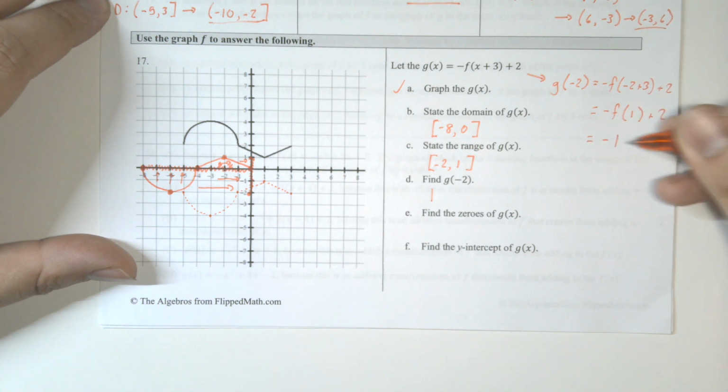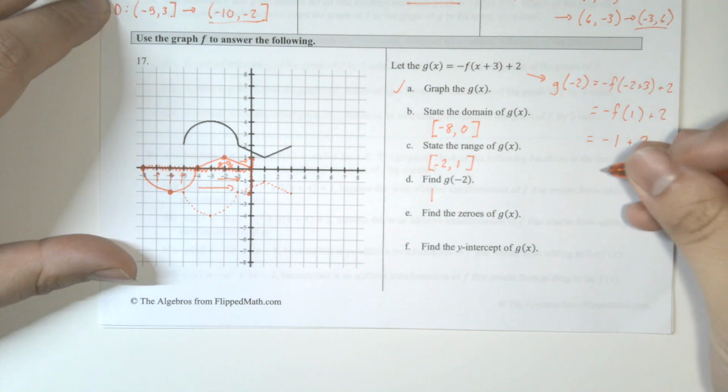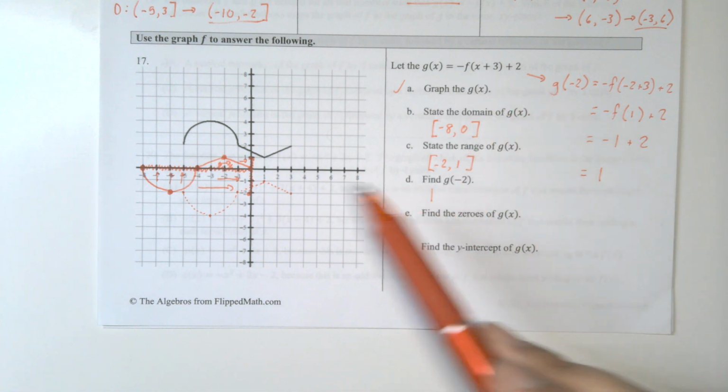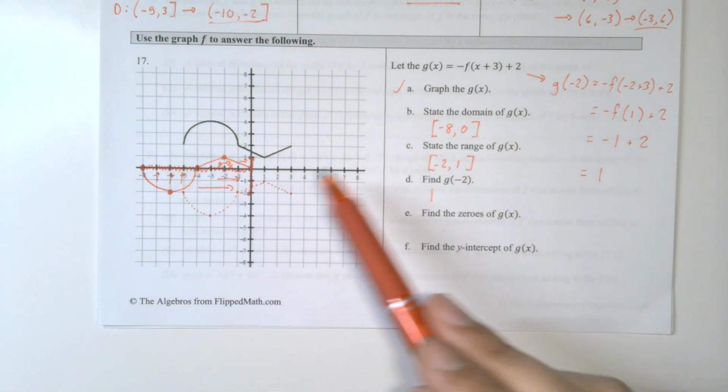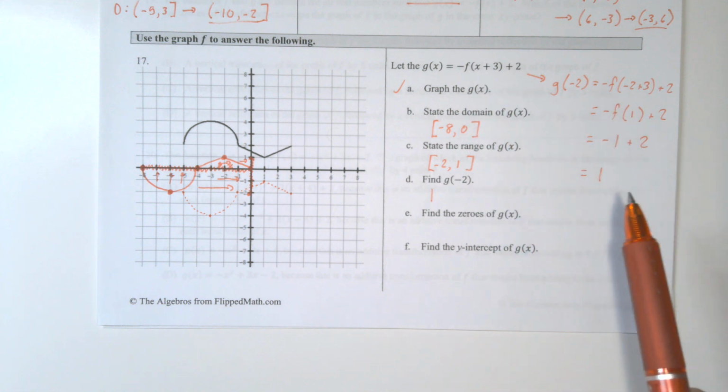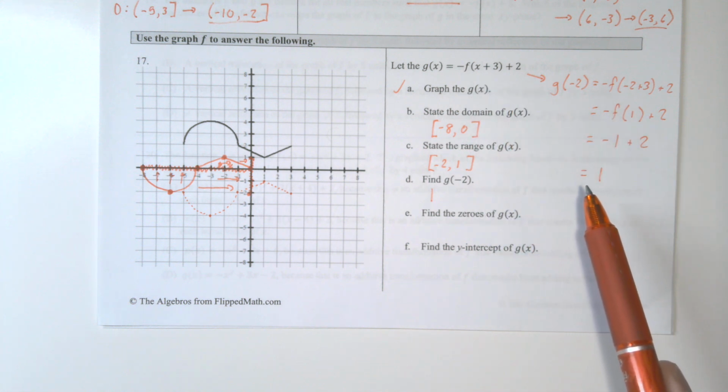So this is going to be -1 plus 2, and look at that, -1 plus 2 is also equal to 1. So regardless of how you do this, whether using the transformed function or the algebraic approach, either way you're going to get +1 out of this.